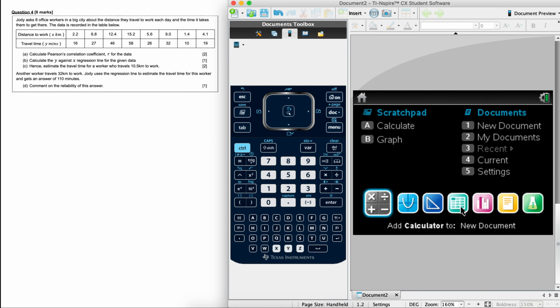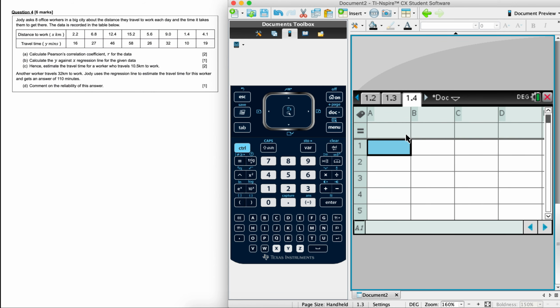So to do this, we're going to need a spreadsheet so that we can plot the data. So we have our value for X, and then we have our value for Y. And we can see here that it's labelled X and Y already in the question. So I'm just going to fill this data out.